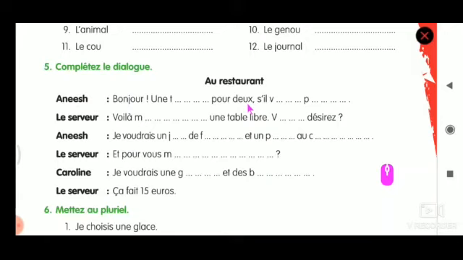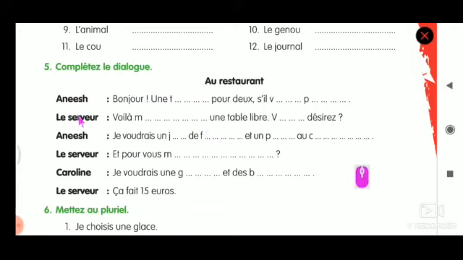Because in foreign countries, as you enter a restaurant, the first question asked by the server is how many members. They will book a table. So the first one Anish is asking is bonjour, une table pour deux s'il vous plaît. So une table means table. Give me a table for 2 members, please.